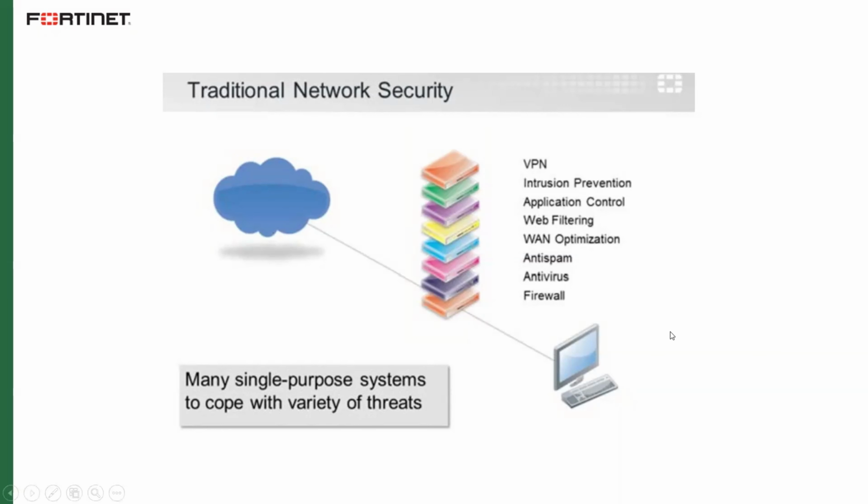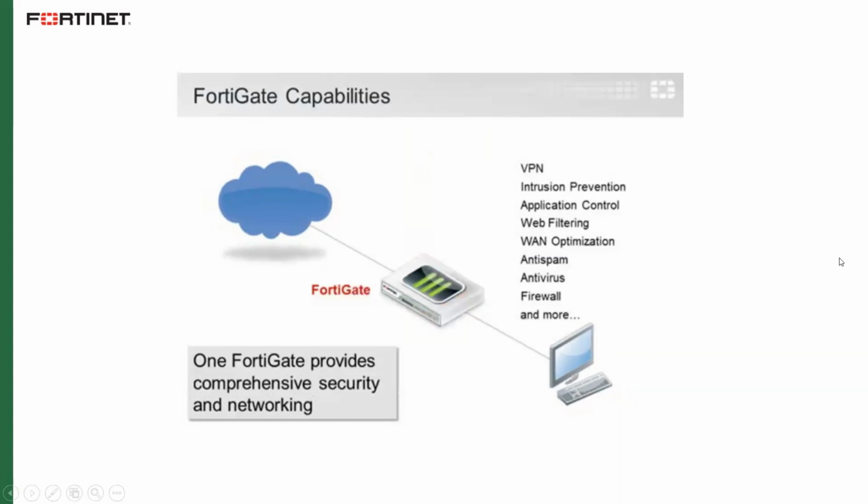So what's the solution? The solution is replacing your old devices with a new device. So here we have a FortiGate firewall, and this FortiGate firewall says, I have a one-stop solution, one particular firewall with all the features. You don't have to deploy all these devices separately.